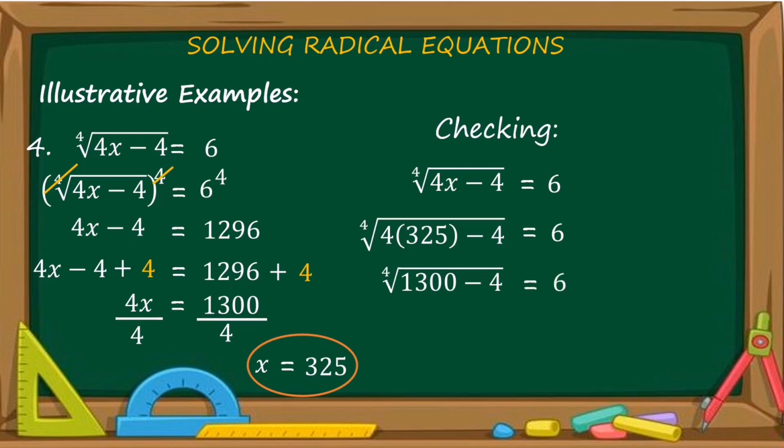The fourth root of 1,300 minus 4 will give us the fourth root of 1,296, which is equal to 6. The fourth root of 1,296 is equal to 6, which is the same as 6 on the right side. So meaning to say, 325 is really the solution for this equation.